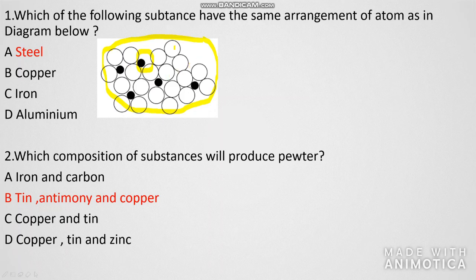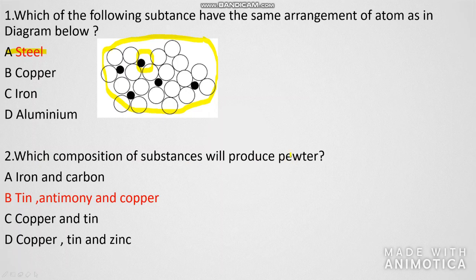So this one is the arrangement of atom for an alloy. So mana satu daripada sini ialah satu alloy berdasarkan 5 jenis alloy yang kita pelajari sebelum ini, iaitu steel, pewter, bronze, brass, and last one duralumin. So based on the assumptions here, the answer is A. Okay, next, which composition of substances will produce pewter?